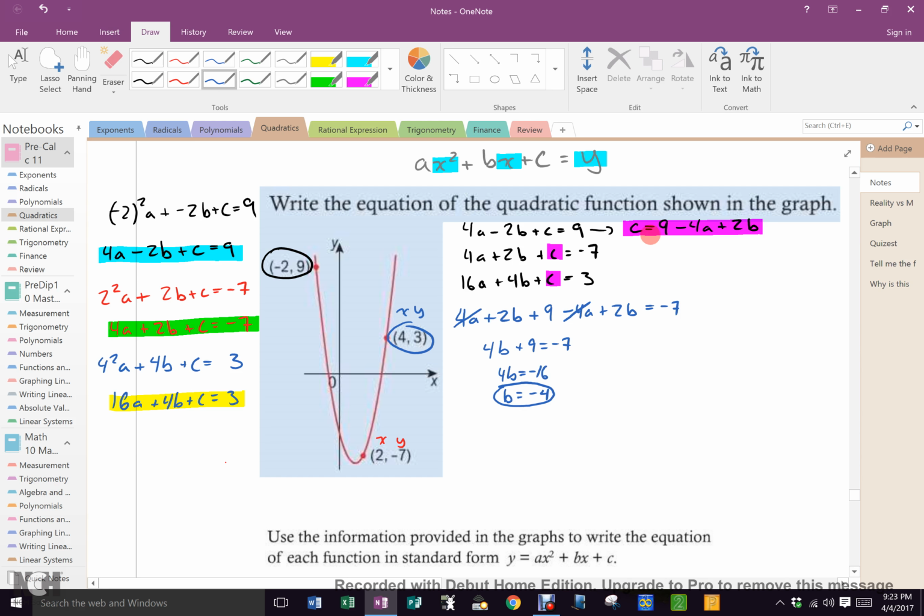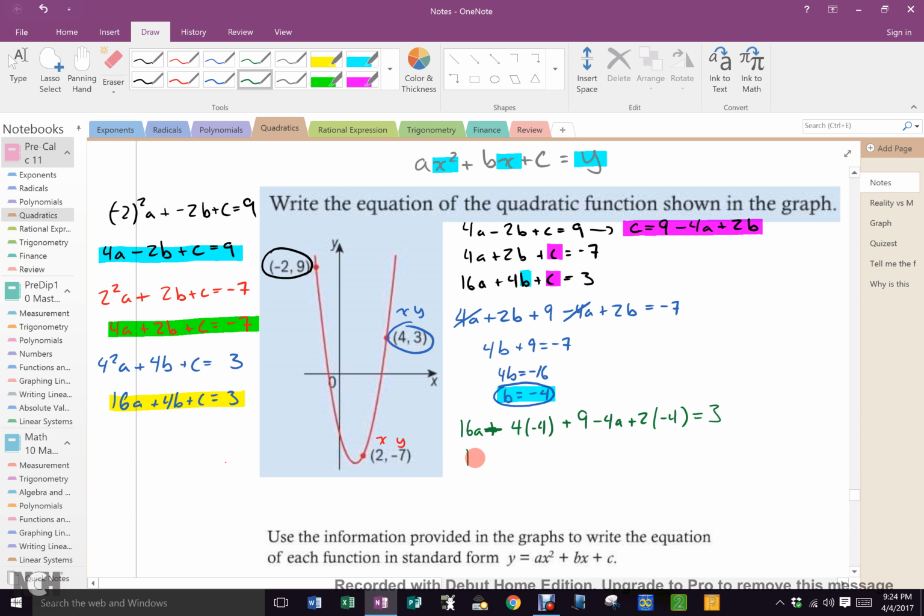Now I've got a b and a c. There's my b. There's a b. So I can go to this third one and go 16a plus 4 times negative 4, because that's what b is, plus 9 minus 4a plus 2b, oops, not 2b, plus 2 times negative 4 equals 3.